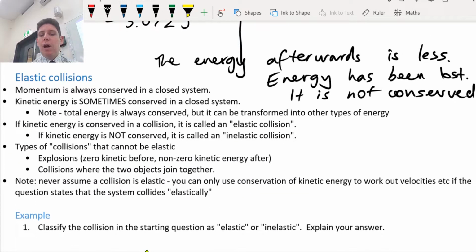Okay, so for the first one, you've got two carts and they join together. So is it elastic or inelastic? Collisions where two objects join together cannot be elastic.